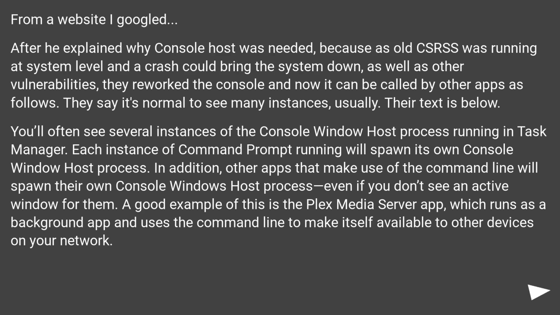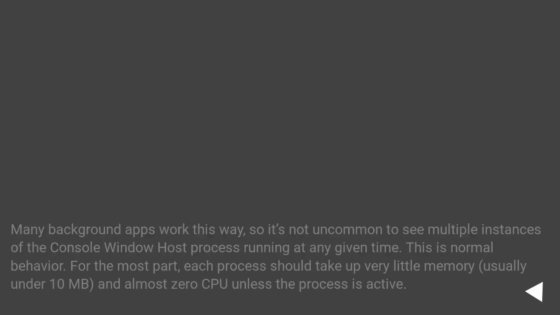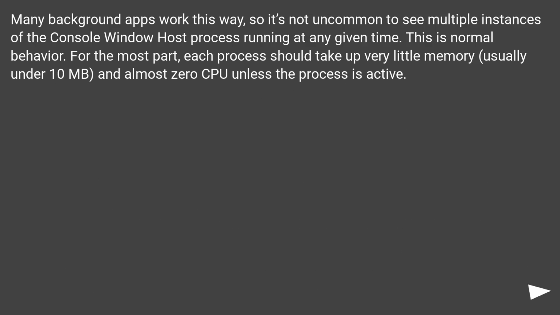A good example of this is the Plex Media Server app, which runs as a background app and uses the command line to make itself available to other devices on your network. Many background apps work this way, so it's not uncommon to see multiple instances of the console window host process running at any given time.